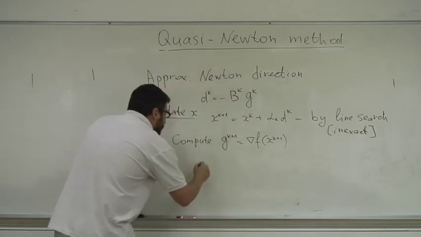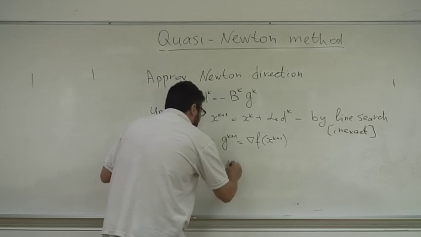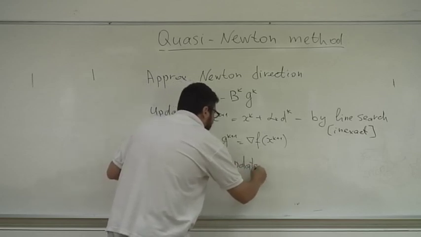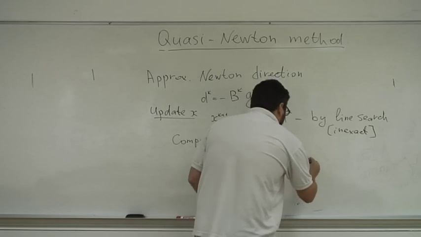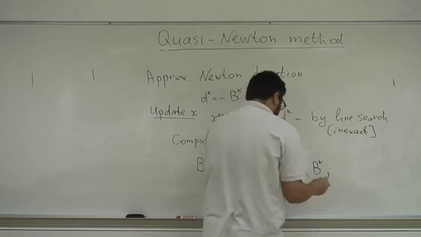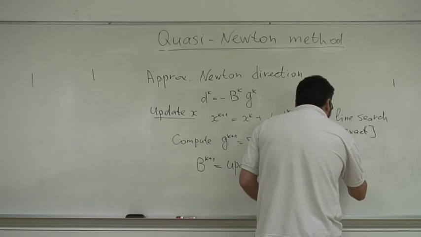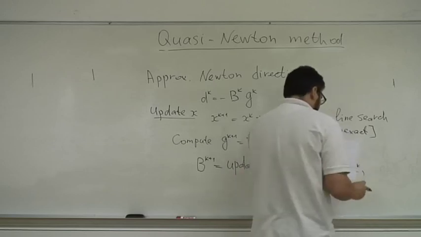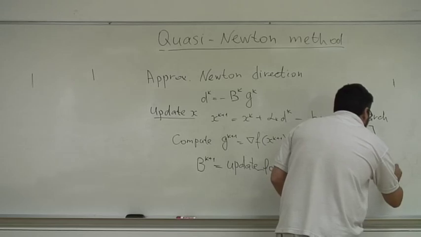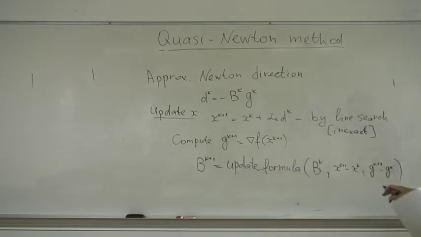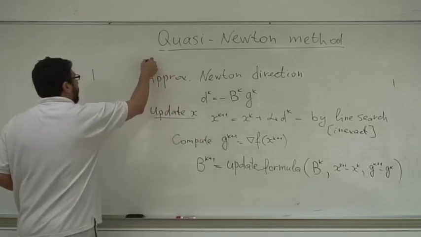So I would just write symbolically here, B_{k+1} is some update formula which will take the old approximation B_k, which will use our shift in x, x_{k+1} minus x_k, and we'll also analyze how the gradient changed, g_{k+1} minus g_k, and on the basis of this information we'll suggest what the new approximation of the inverse Hessian will be.